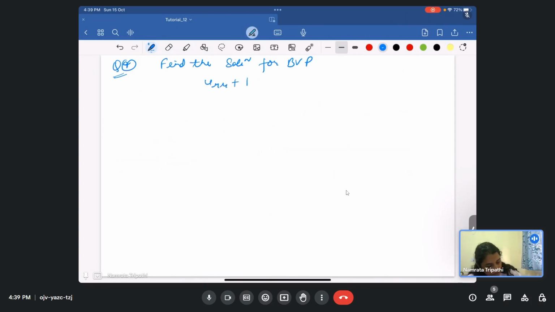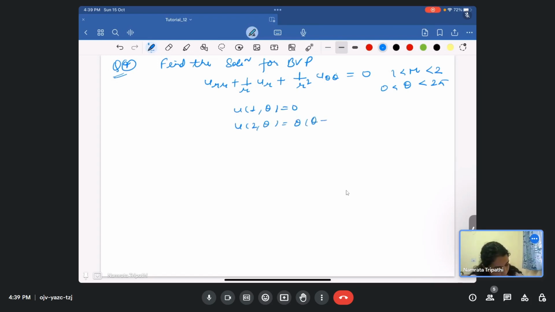Again, the Laplace equation in polar form, where r is from 1 to 2, theta is from 0 to 2 pi, u(1, theta) is 0, u(r, 0) is 0, and u(r, pi) is 0.